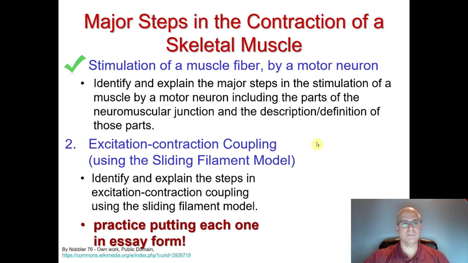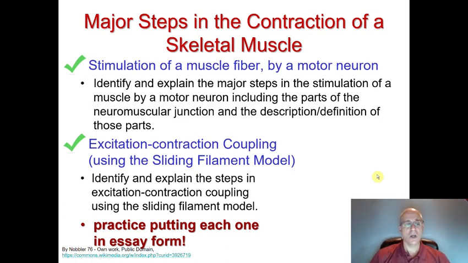Okay, so we talked about step number 1, stimulation of a muscle fiber by a motor neuron. We just talked here about excitation-contraction coupling using the sliding filament model. So we'll put a check mark there. I can't say this strongly enough. Each one of these two parts, stimulation of a muscle fiber by a motor neuron and excitation-contraction coupling using the sliding filament model, each one of these is a potential essay question.